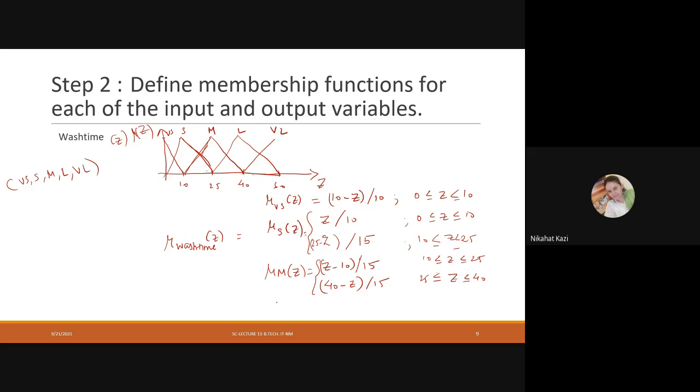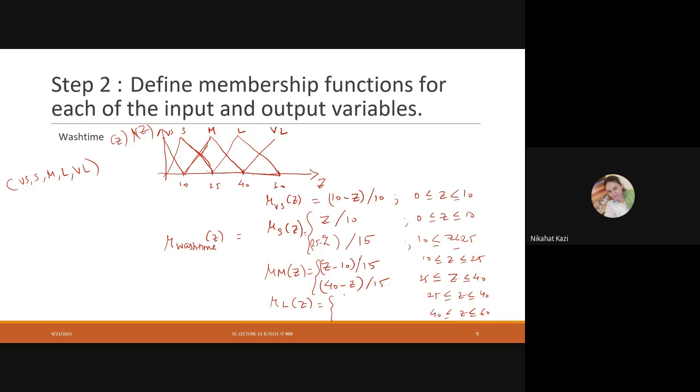Okay. For long, again, two ranges, 25 to 40 and 40 to 60. So 25 to 40, it is decreasing. Sorry, it is increasing.